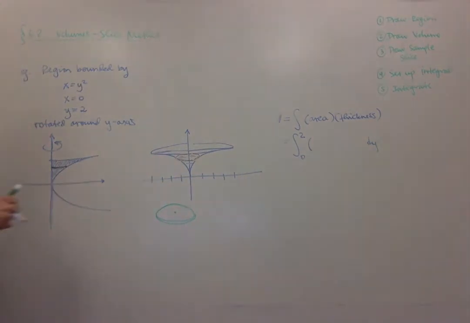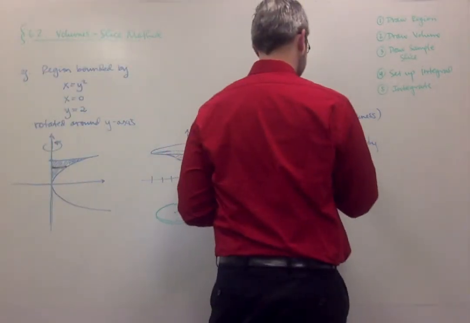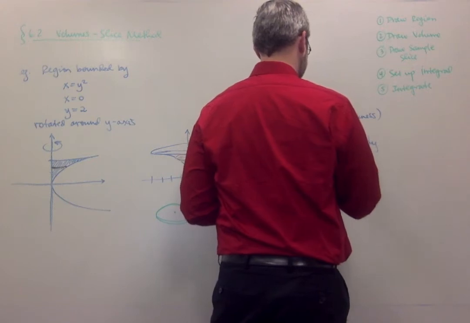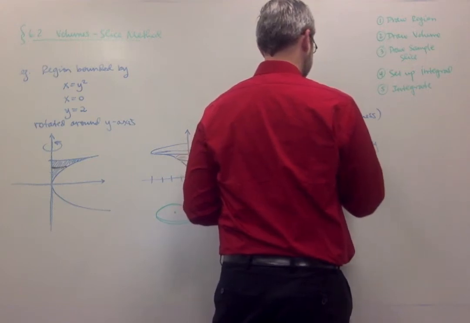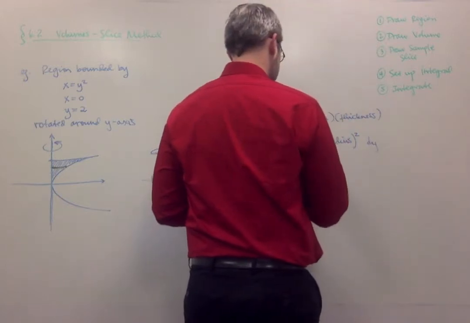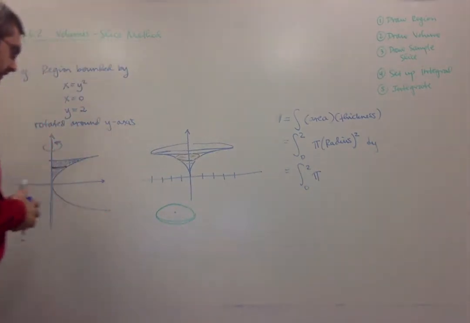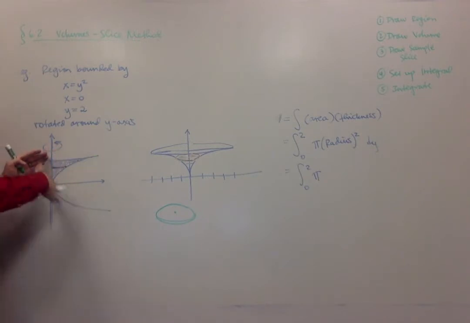And this region that we're looking at is a circle, so the area of a circle is pi times the radius squared, and in this case the radius is this function right here, x equals y squared. We're thinking of everything in terms of y now.